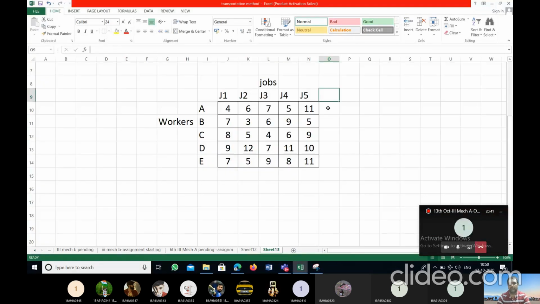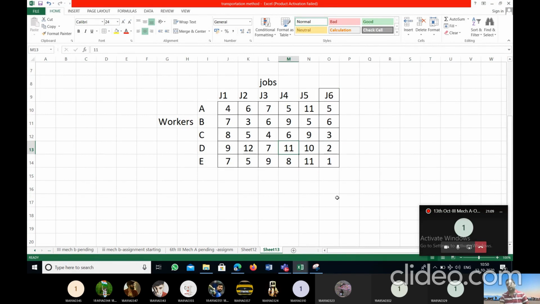So I will introduce another job, J6, with values 5, 6, 2, 1, 4. Like this, I have the problem.